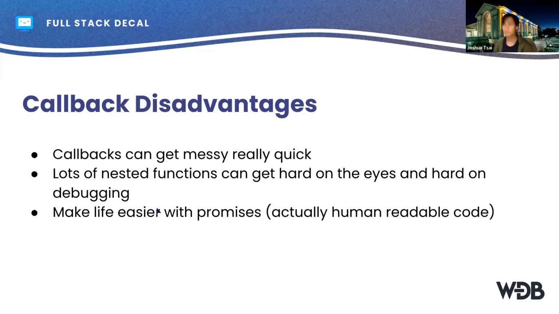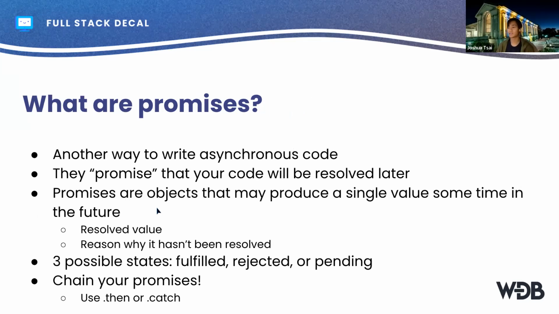But there has been a new invention called promises that make life a lot easier for you when you're working with asynchronous code. And this will help you produce actual human readable code. And so what exactly are promises? As I said before, they are another way to write asynchronous code.